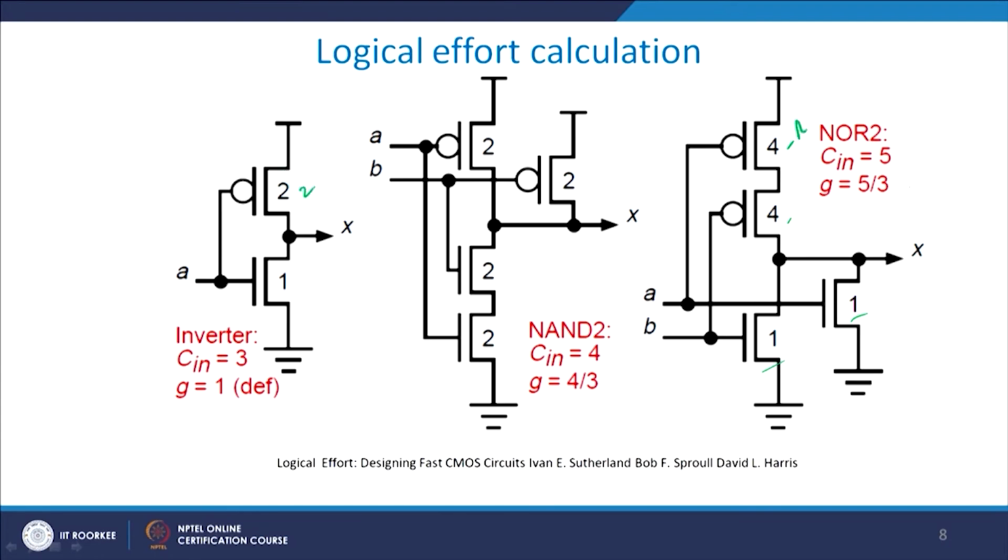To make it R by 2 I have to double the size. So 4 means each block is looking at 4 plus 1, 5. So 5 by 3 is basically my G. So this is how you calculate the value of G. You compare that with a standalone inverter, and that is how you get it.